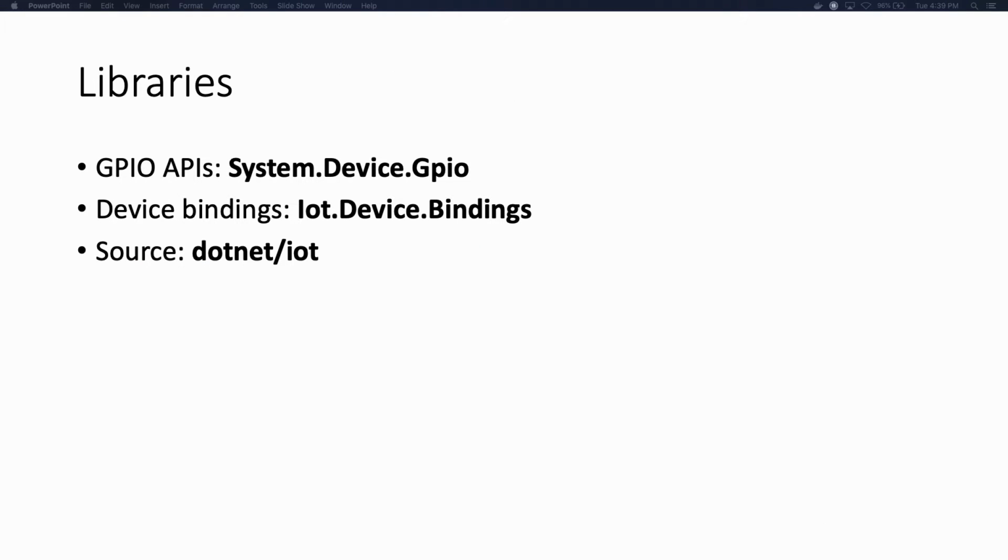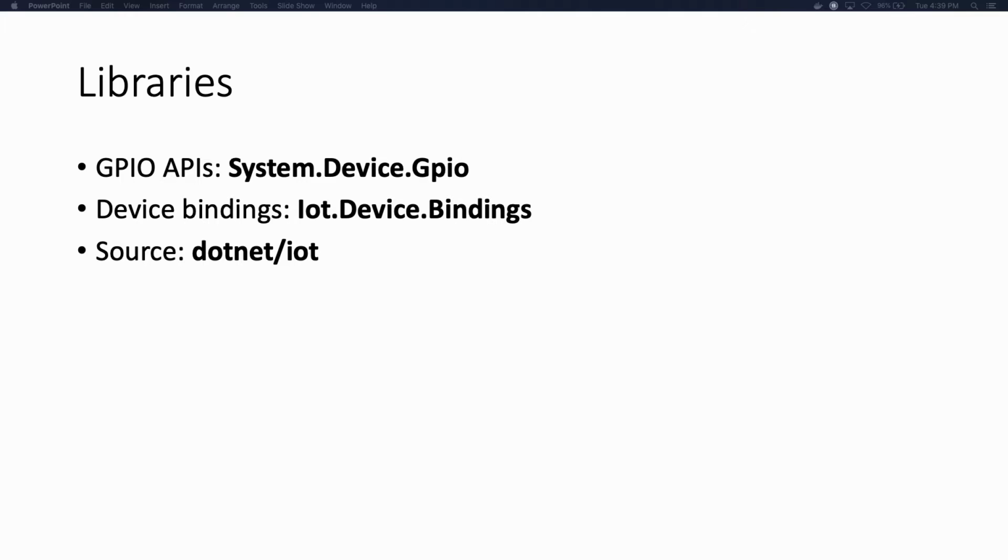We have a set of libraries. All of the GPIO and related APIs are in the System.Device.Gpio library, which is on NuGet. These wrappers that Jose was talking about are in the Iot.Device.Bindings NuGet package, and all the sources are on GitHub under .NET/IoT. One key thing to note is that the first package is a normal, Microsoft-supported package, just like System.Collections.